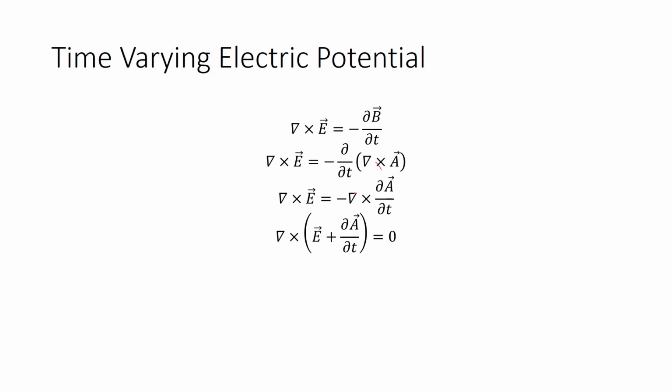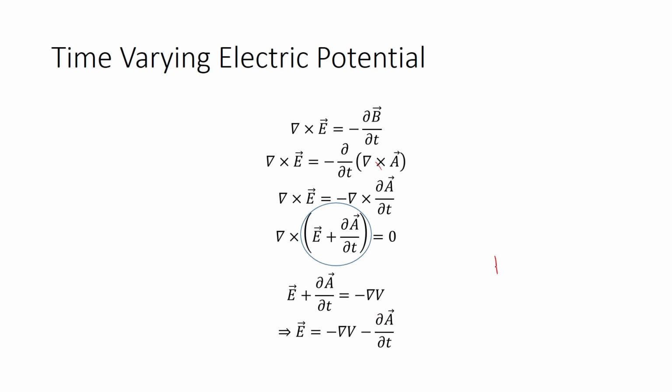Now this is an irrotational vector. Because this is an irrotational vector, I can express this to be equal to the gradient of a scalar field, minus ∇V. So my electric field Ē is equal to minus ∇V minus ∂Ā/∂t. Again, remember that if there is no change with respect to time in the magnetic field, then there would be no change in the vector magnetic potential.